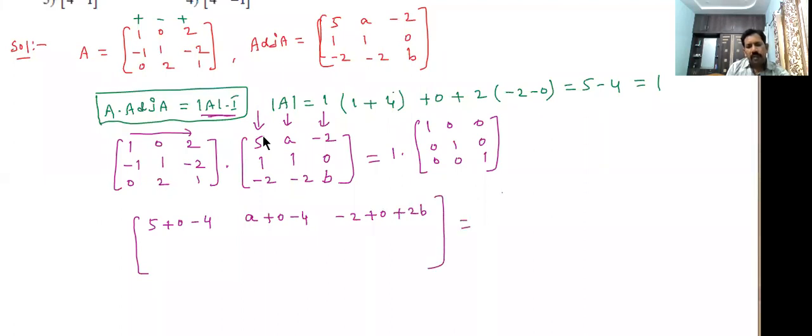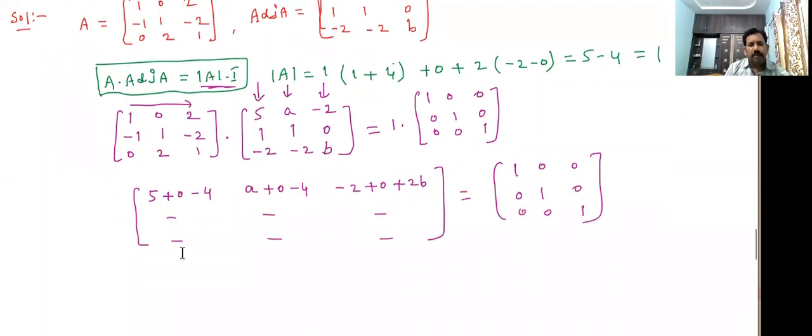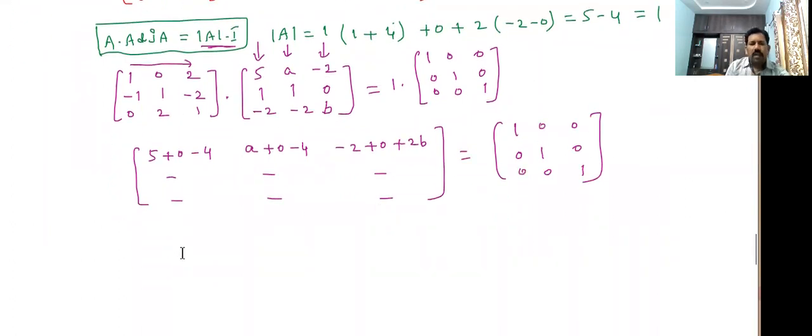Students, the remaining elements there is no need to find. By comparing the corresponding elements, 5 minus 4 is 1, it is satisfied.